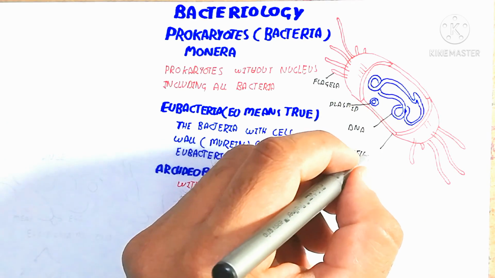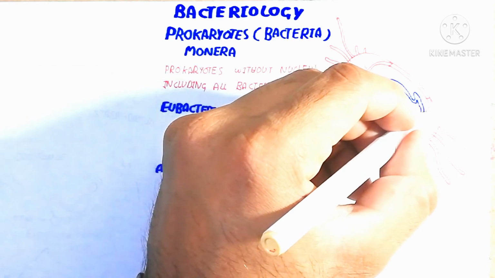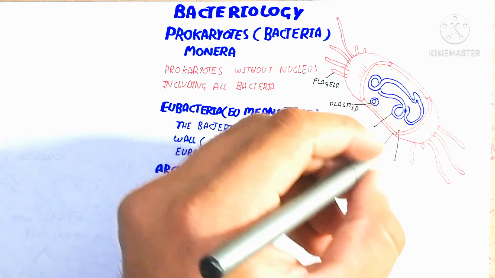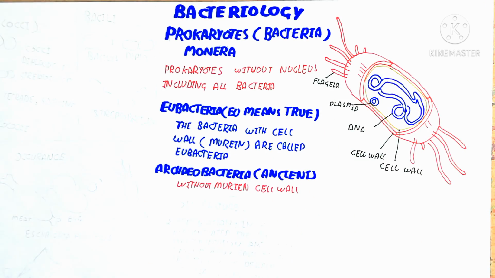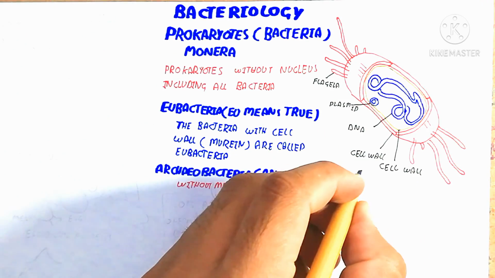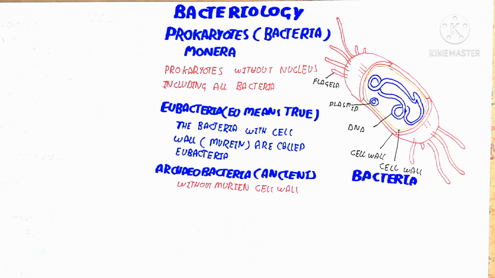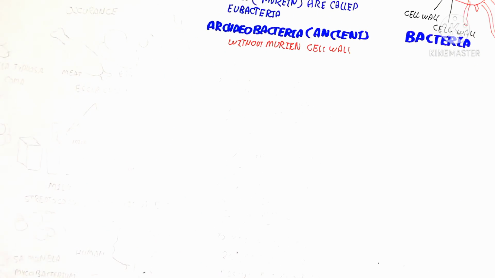It is without a nucleus and is present in the cytoplasm, in the center of the bacterial cell. Then there is the cell wall, which is made up of peptidoglycan. We will discuss peptidoglycan in the next diagram.